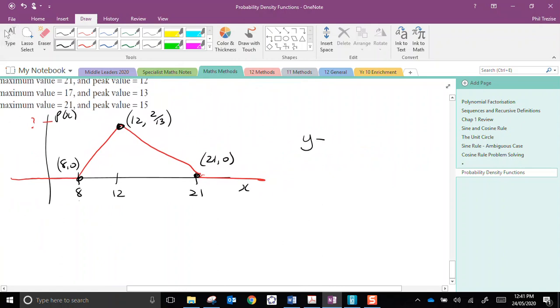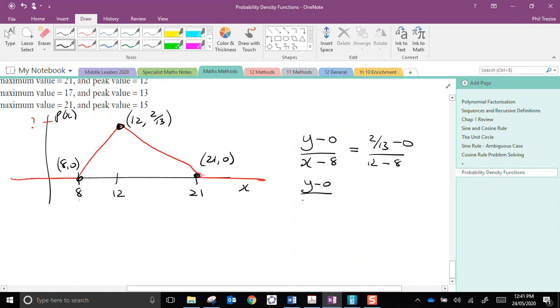I would have y minus 0 over x minus 8, I'm going to choose that one, equals the gradient. It's 2 on 13 take 0 over 12 take 8.